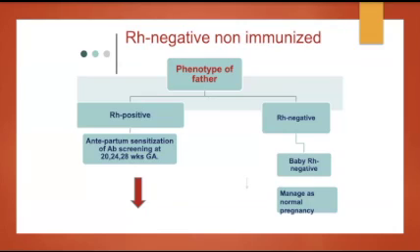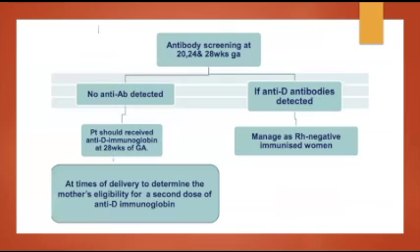That is why if the mother is Rh negative, at 24 and 28 weeks of gestation we check the mother for antibody screening. So we check the levels of antibody in the blood. If there is no antibody detected, then at 28 weeks of gestation the mother should receive anti-D immunoglobulin. It is the prophylaxis.